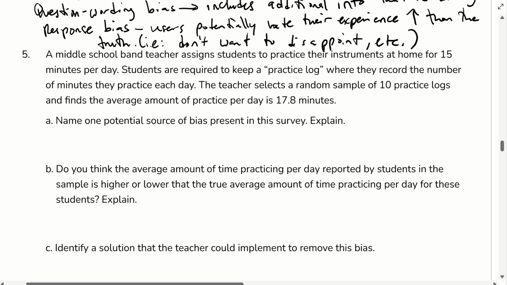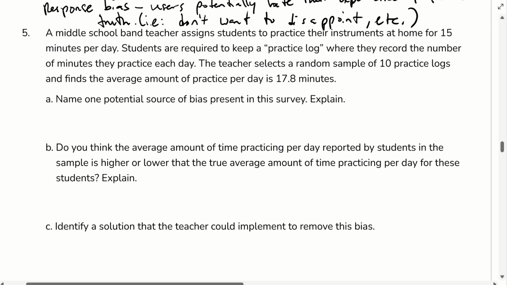Well, okay, so if the students are required to practice 15 minutes per day, and they record on their log, and they're expected to do 15 minutes per day, right? Then they might be self-reporting. They might be lying about their practice times because they're self-reporting, right? So they're saying, oh, this is how much time I practiced. So it might not be truthful.